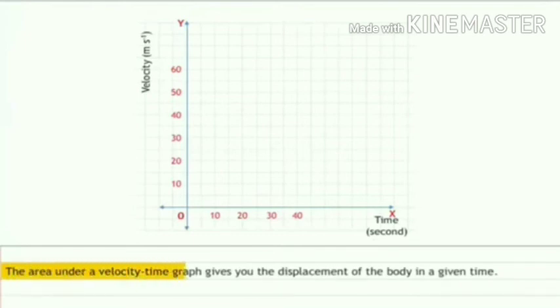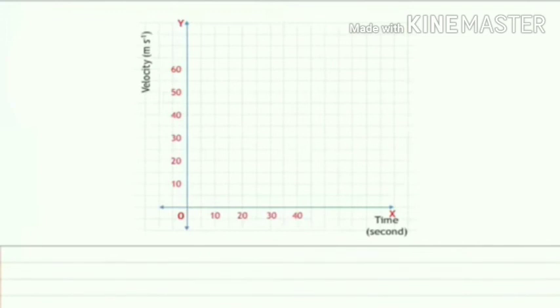Plot velocity time graph. The area under a velocity time graph gives you the displacement of the body in a given time. In a given graph, you can see velocity time graph.